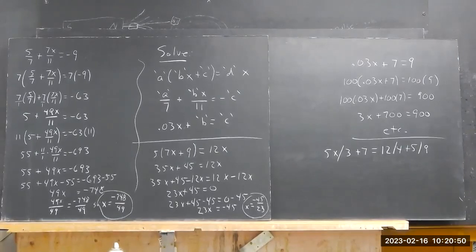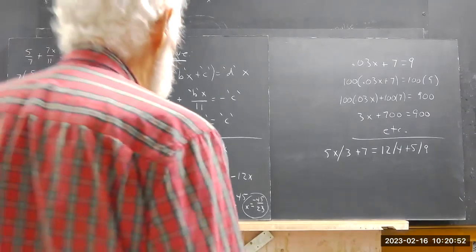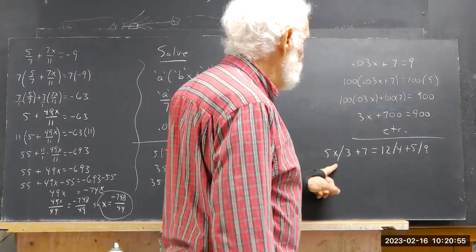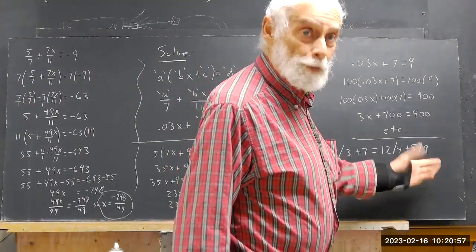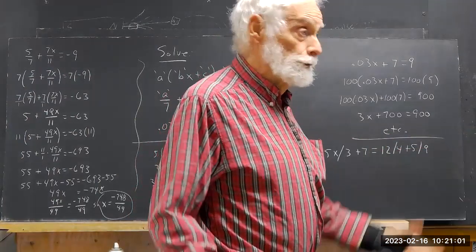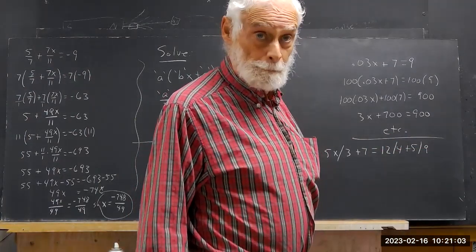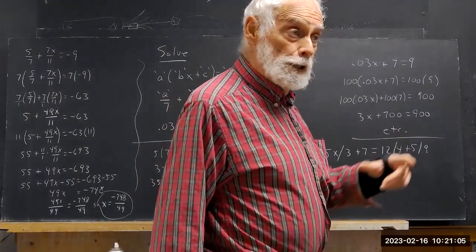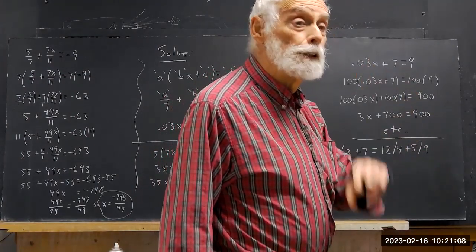But by the order of operations, it means you do the divisions first. If there are multiplications, you do those. You do multiplications and divisions in order. That's your order of operations. Okay. You got to do multiplications and divisions before you do any additions or subtractions.